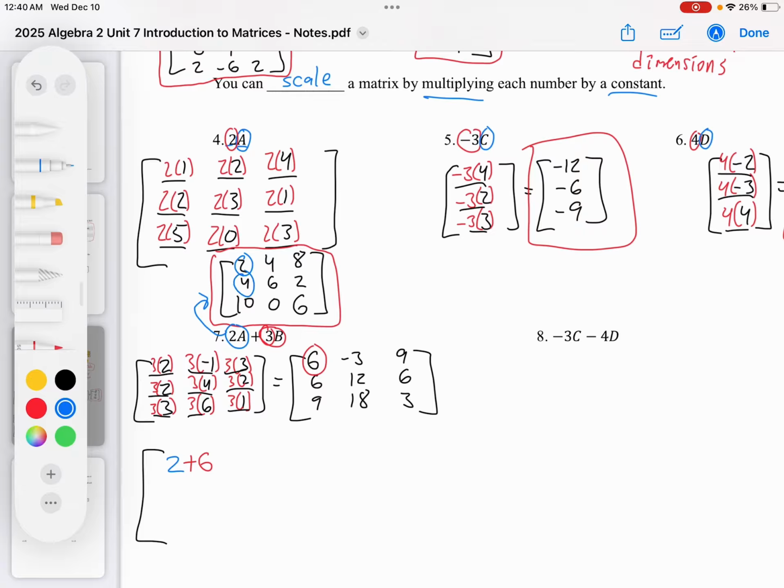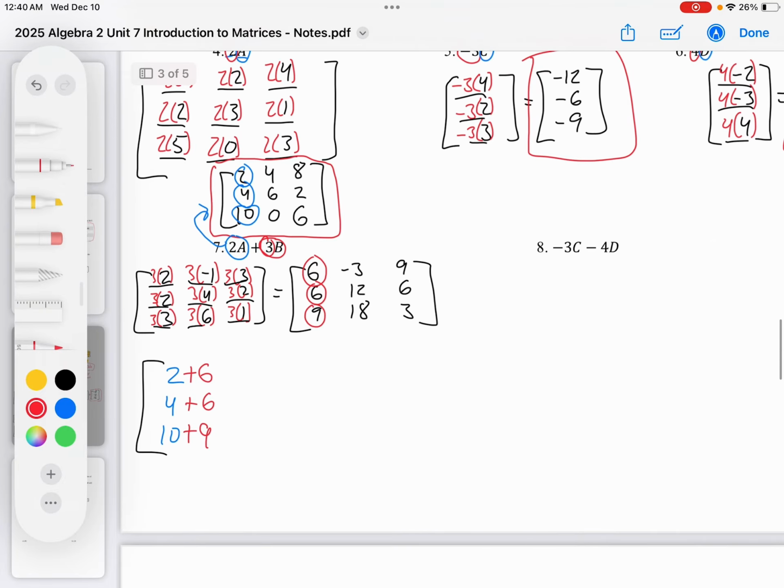And then we'll take the 4 from the 2a, and we'll add this 6 from the 3b. Then we will take the 10 from the 2a and the 9 from the 3b. That's how we get that first column. And then we'll just work our way through the rest of those positions.